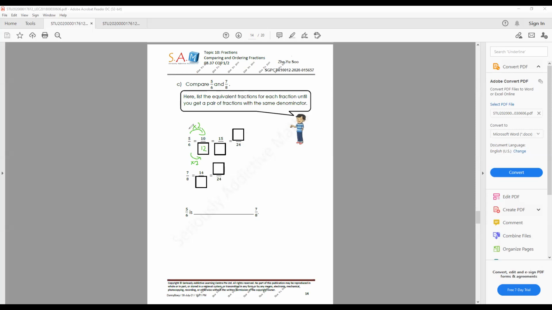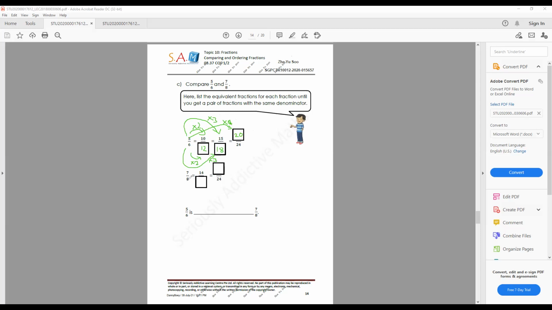So 5 times 3 gives you 15. 6 times 3 gives you 18. Okay, these are the equivalent fractions. And finally, what about 24? 6 times which number gives you 24? 6 times 4 gives you 24. So 5 times 4, sorry, gives you 20.